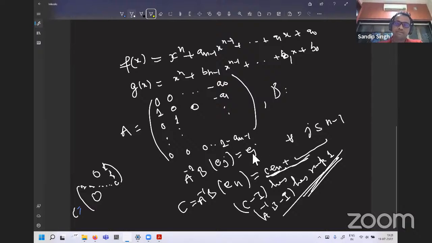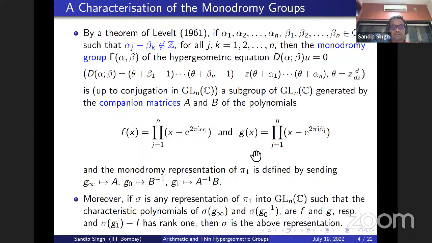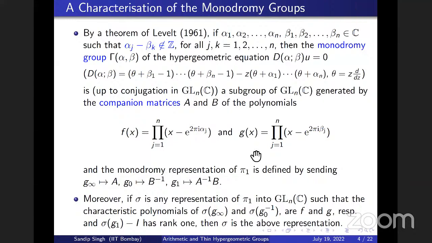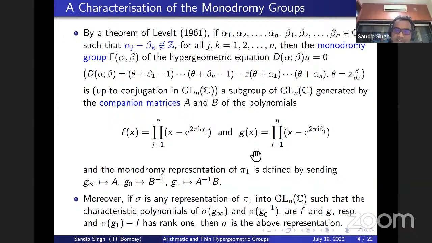And this A and B generate the monodromy group gamma, that we are denoting as alpha beta, as a subgroup of GLnC generated by A and B. So these matrices you constructed from the polynomials generate the monodromy group of the differential equation, correct.